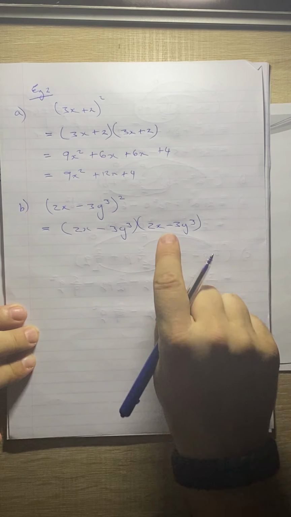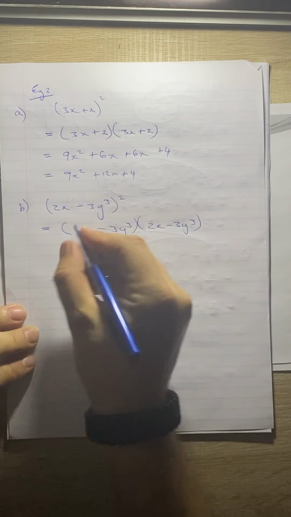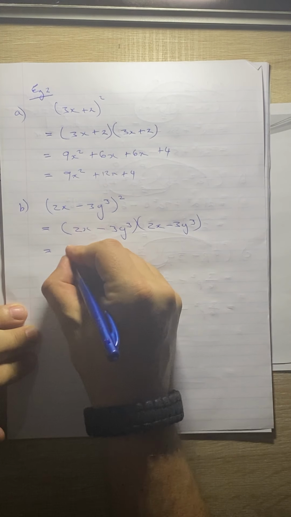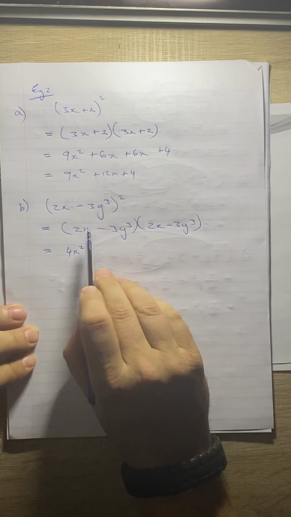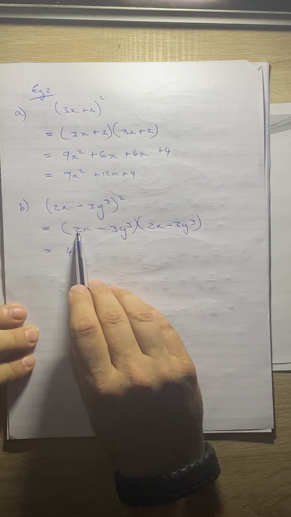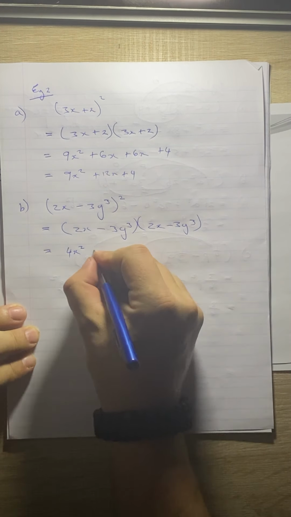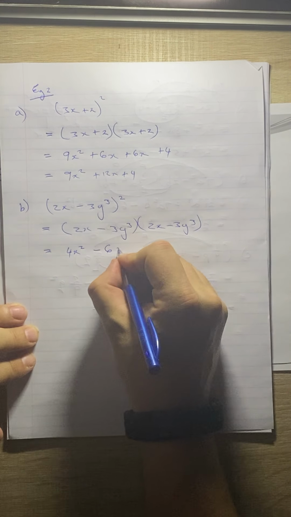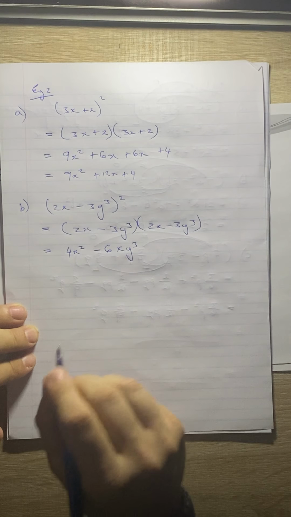We have a binomial multiplied by a binomial, so we need to FOIL. So the firsts, 2x times 2x gives me 4x squared. Do the outers. 2x times minus 3y cubed. Well, first of all, 2 times minus 3 is going to give us minus 6. And then x times y cubed is just xy cubed.